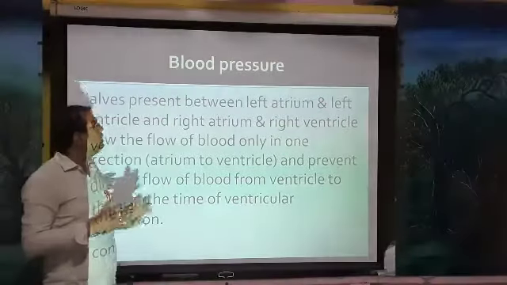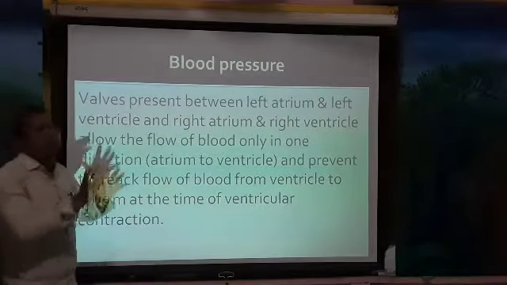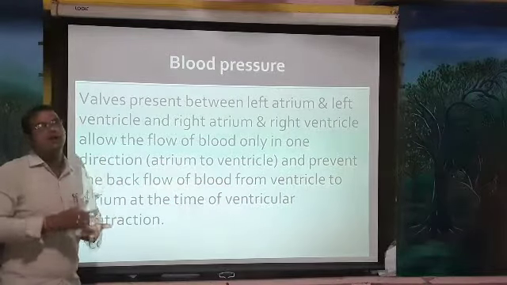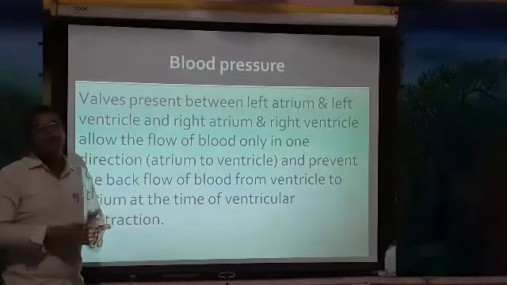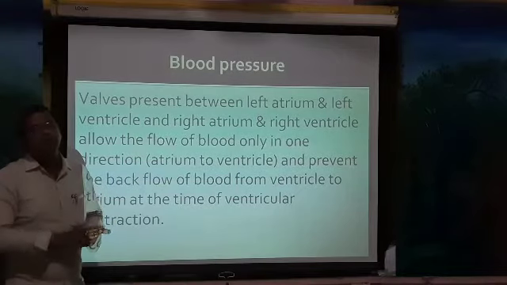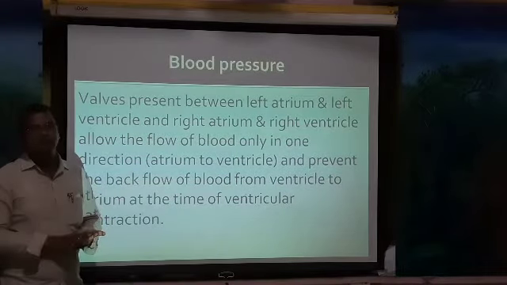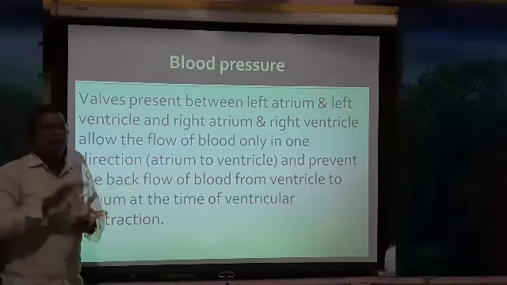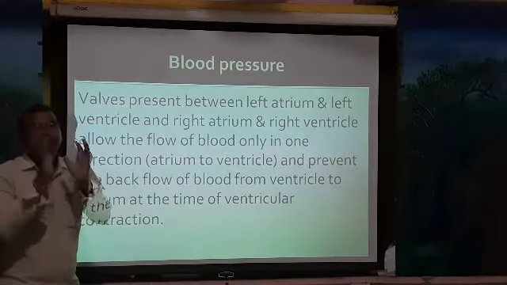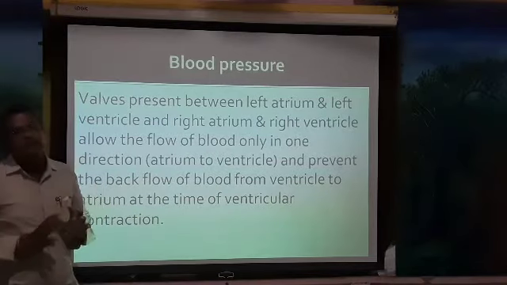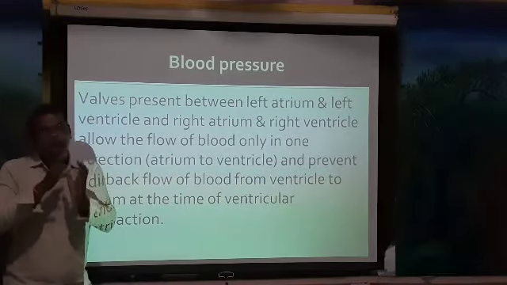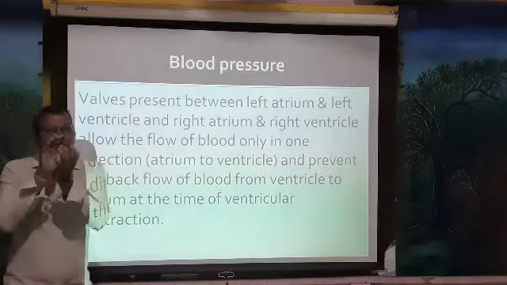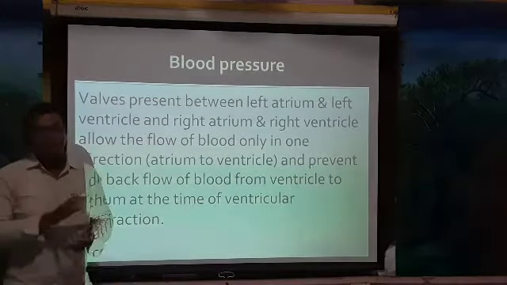During this course of time, the blood which flows into the artery creates some kind of pressure on the inner wall of the arteries. It creates a force in the arteries. Such pressure is what we call blood pressure.